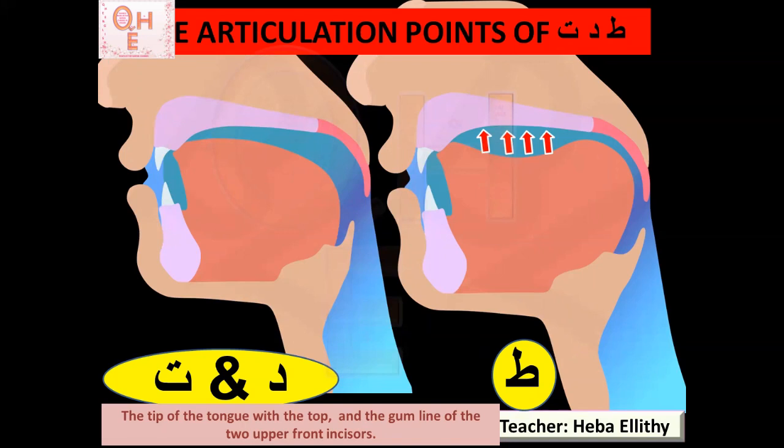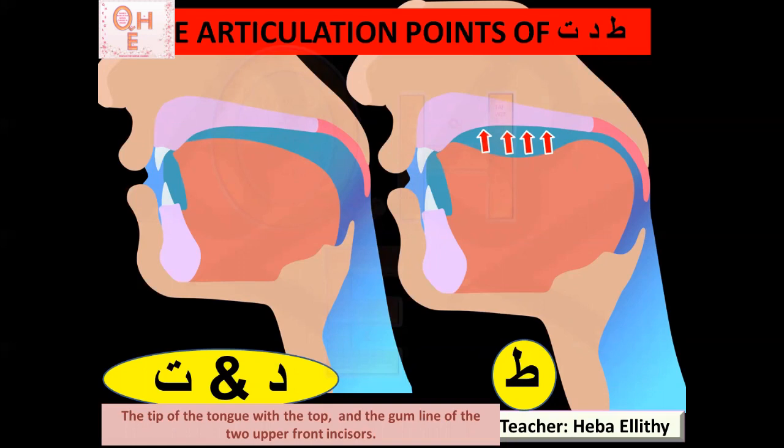So what is the difference between letter طا and letter دال and تا? Look here, the right side is letter طا, the left side is letter دال and تا. دال and تا are 2 light letters and are not مطبقة. Letter طا is a heavy letter and it's مطبق.